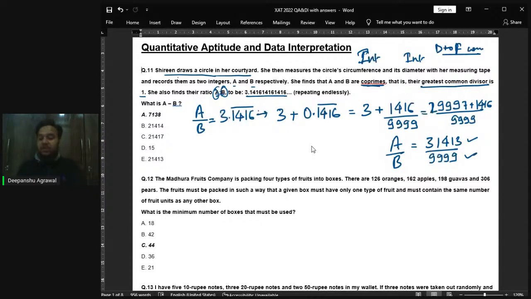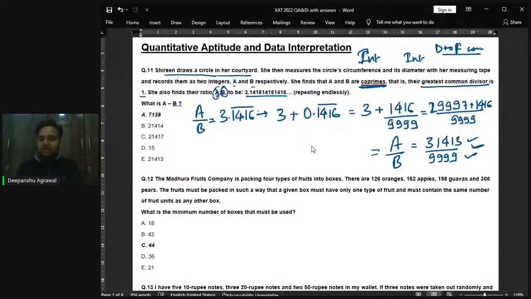So A by B is given as 31413 divided by 9999, and A and B have to be co-prime as well. That means they should not have a common factor except one. So we need to reduce this ratio to the minimum, and then we can say that that would be the answer.